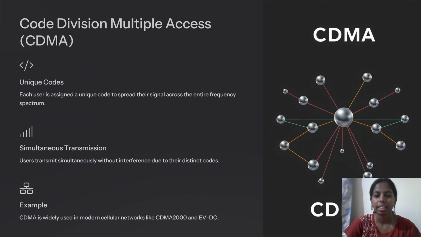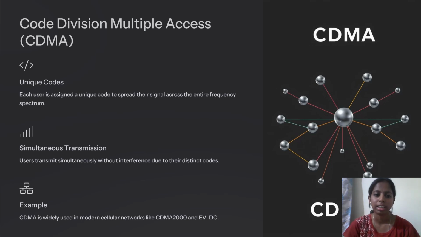Now let's see the third type of the multiple access techniques, that is CDMA. CDMA stands for Code Division Multiple Access. Unique codes. Each user is assigned a unique code to spread their signal across the entire frequency spectrum. And we have simultaneous transmission. Users transmit simultaneously without interference due to their distinct codes.